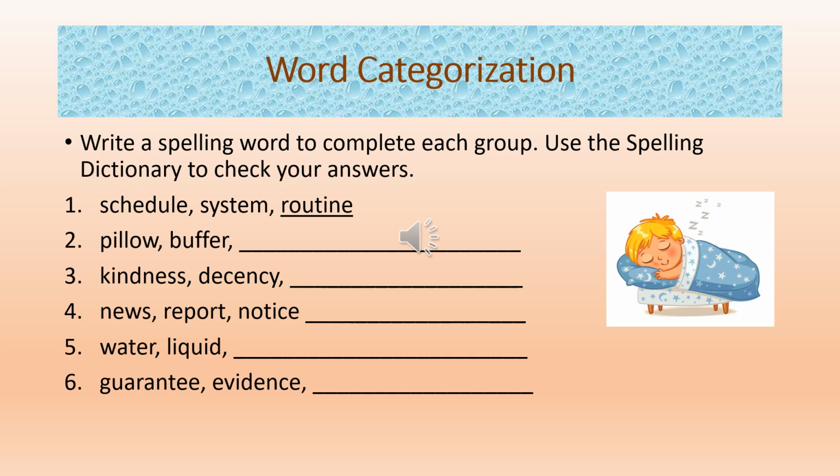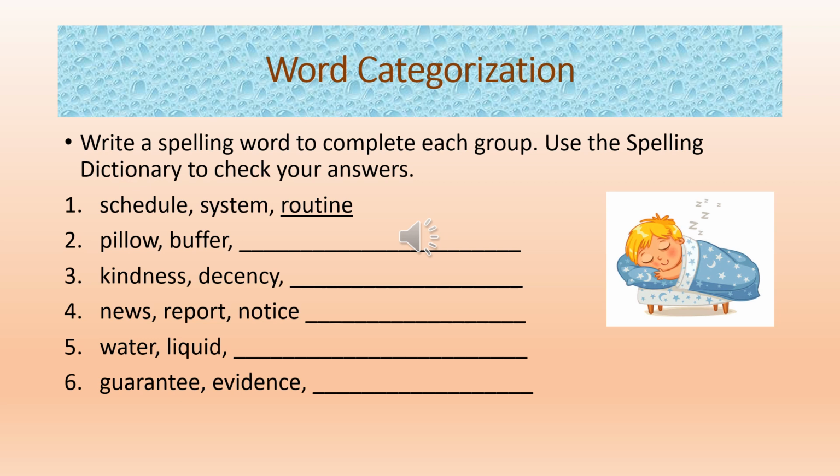You need to find a word from the spelling words that is going to complete this group. This is a group of words, which means that all the words are related. So let's do number two together. Pillow and buffer.